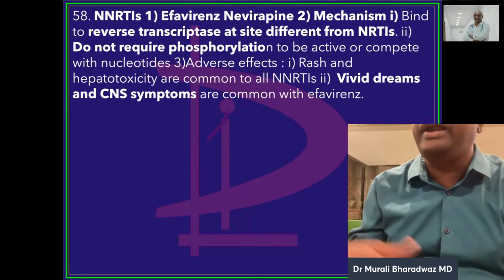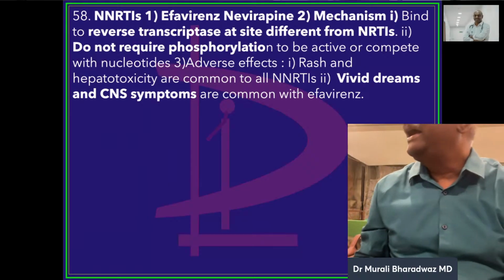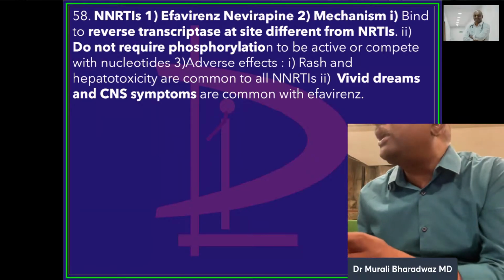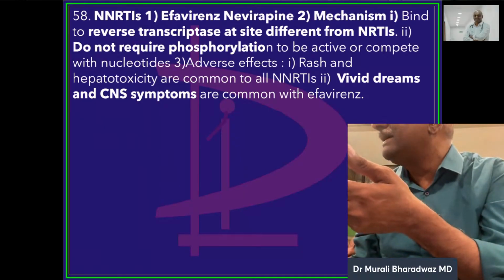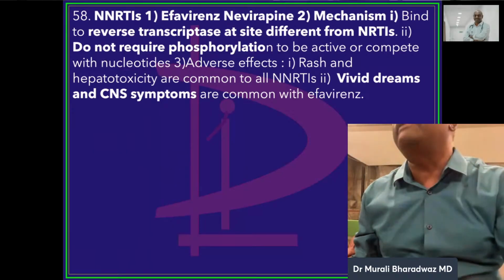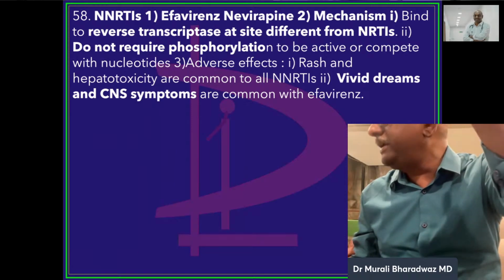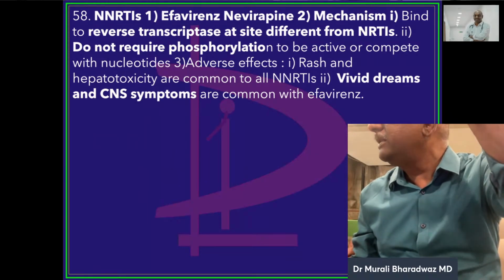They're non-nucleotide reverse transcriptase inhibitors. Another thing, NRTI is required to be phosphorylated by some kinase to become active. NNRTIs don't require that, which is better, because otherwise if there is any dependence on any kinase, there will be resistance.